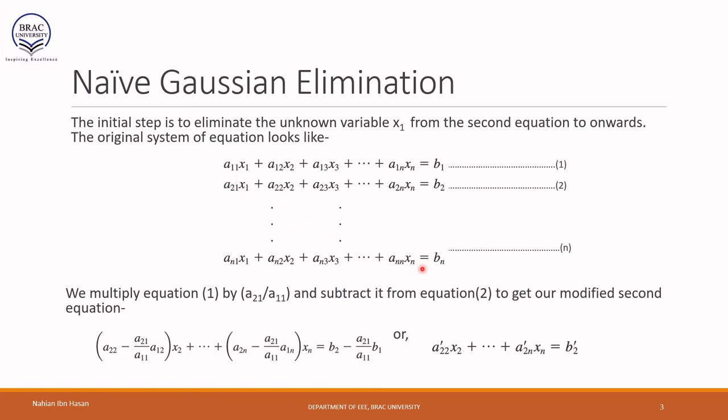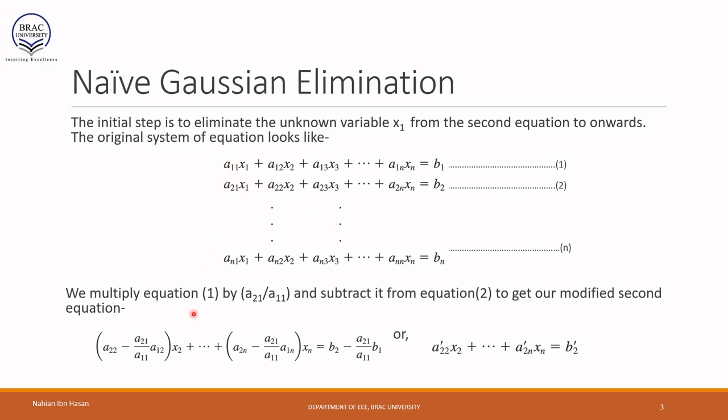That's the main purpose. So how are we going to make them 0? For example, in the first equation we have the coefficient a11, and in the second equation we have the first coefficient, which is a21. In our modified upper triangular matrix, this term will be 0 because it is below the principal diagonal. So how do we make this element 0?